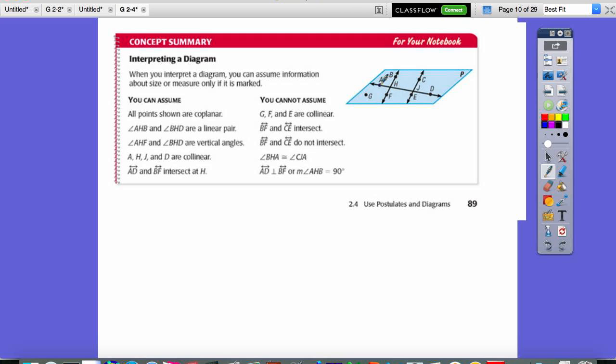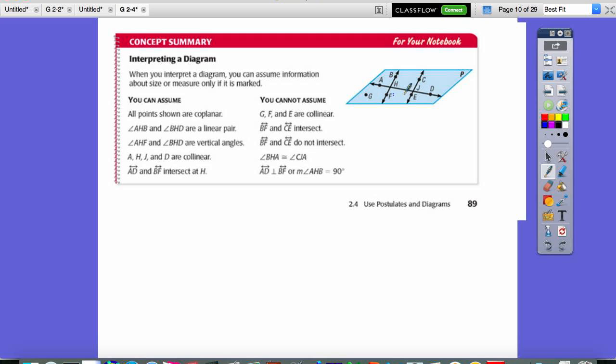You could also assume AHB and FHJ are vertical angles. A, H, J, and D are collinear. You can see that AD bisects BF at H. It also intersects, not bisects, CE at J.